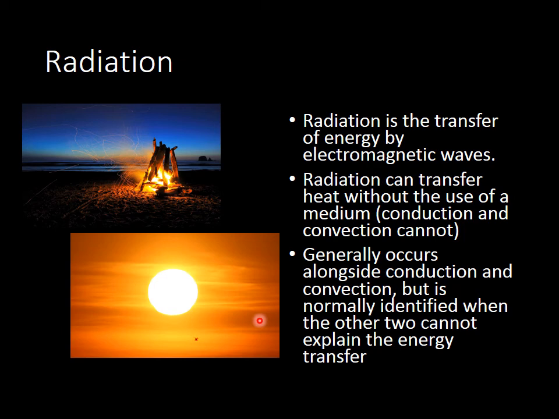Now, I do want to direct your attention to the picture of the campfire. The campfire is a really good example of radiation, because when you're standing out to the side of this campfire, you can feel the heat and you can see the light. That's radiation. But if you were to put your hands over the top of the campfire, it would feel warmer, and that's because there's two things going on over the top.